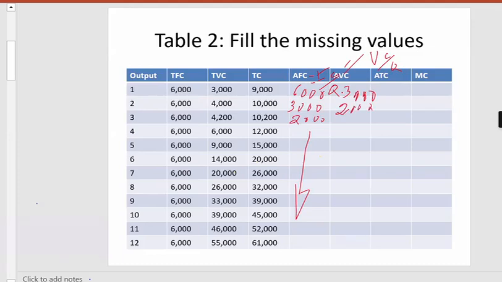Level 3? 4,200 divided by 3, you get how much? 1,400. Okay, now let's compute somewhere here. What about here? 26,000 divided by 8.